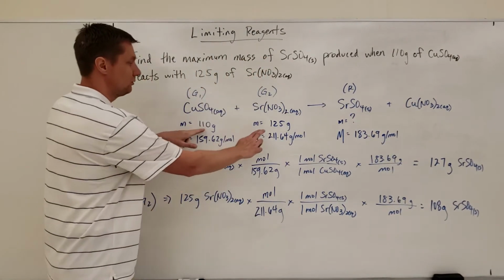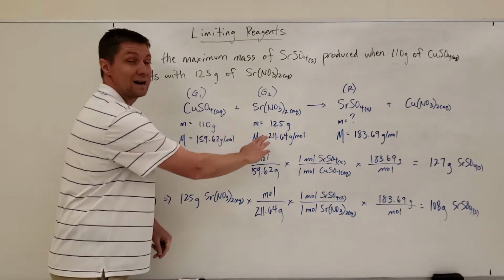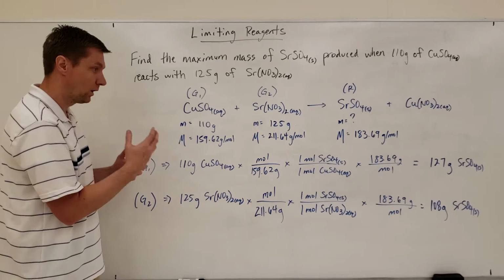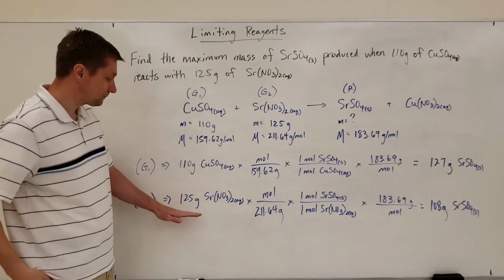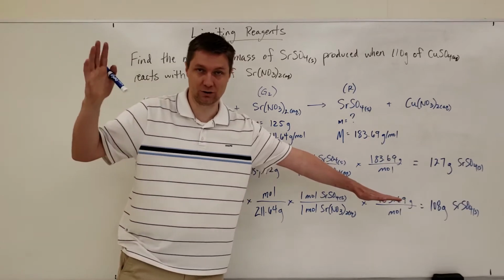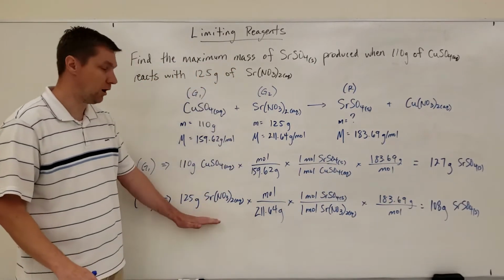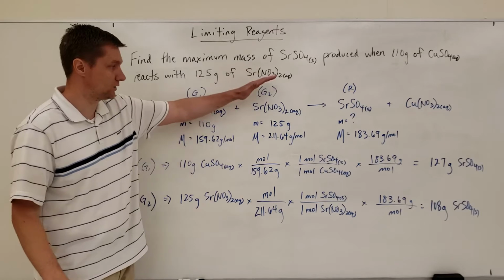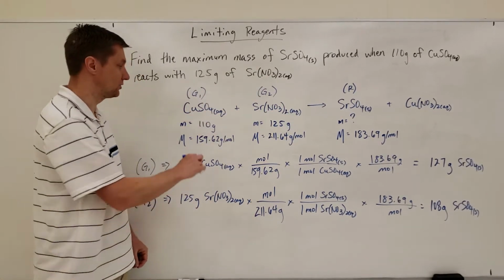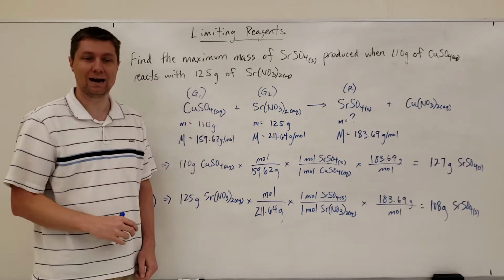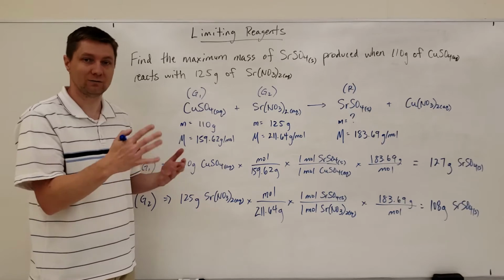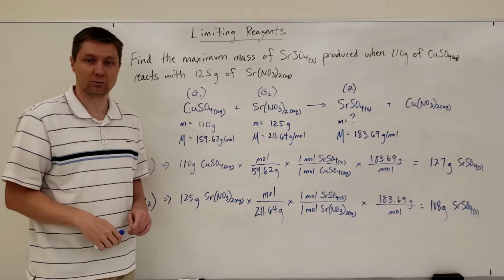So if I have these two limitations where I have 110 grams reacting with 127 or 125 grams, what I'm now saying is that once I reach the 108 gram level of the strontium sulfate being produced, I am out of strontium nitrate. And once all of this is gone, this reaction stops happening. And so the rest of the 110 grams that will have reacted here won't be able to react.